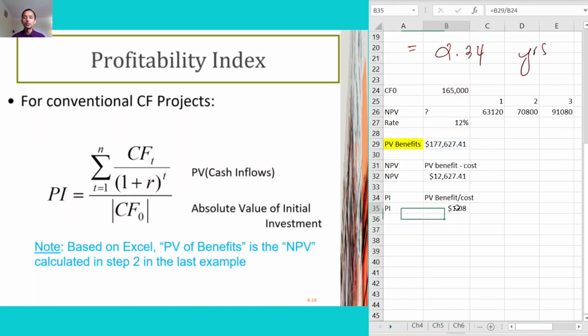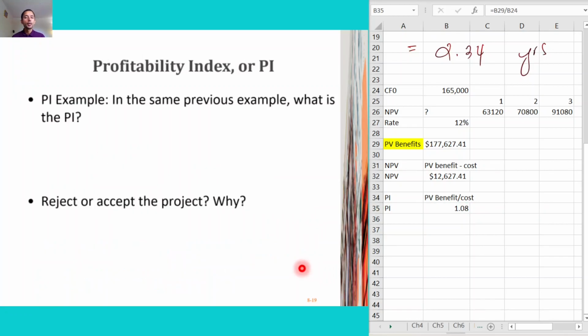Enter. This is not in dollars. This should be just a number. So PI is just a number: 1.08. Do we accept or reject this project? All that I did was take the present value of benefit divided by the cost. In the same previous example, what is the PI? The PI is 1.08. That's the answer. We accept because it is more than 1.